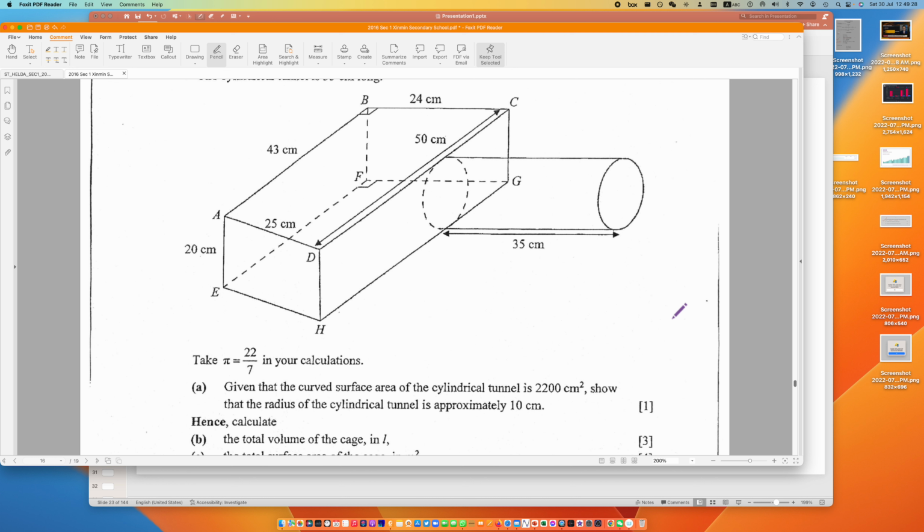This is slanted. What's this shape? Come on, rectangle, square, and what else? We learned this in P5. Parallelogram. Did I say this is 24, this is 25, how can it be parallel then?